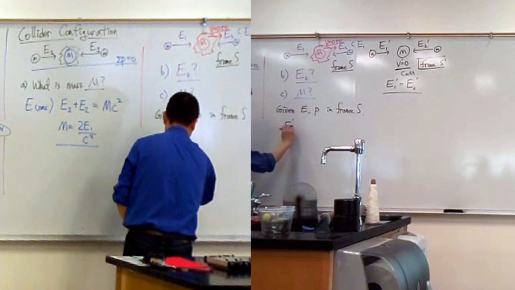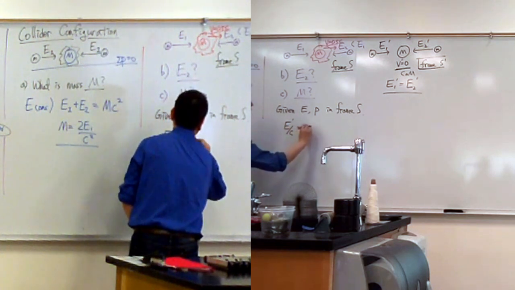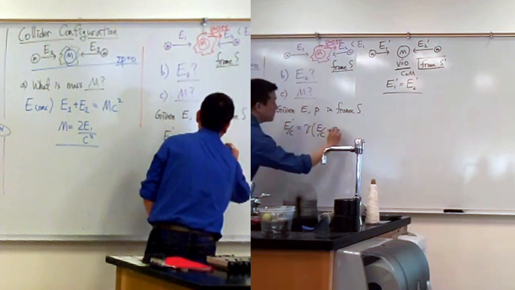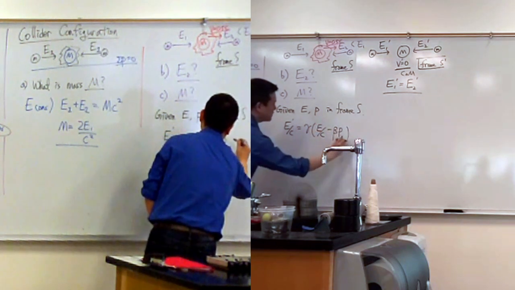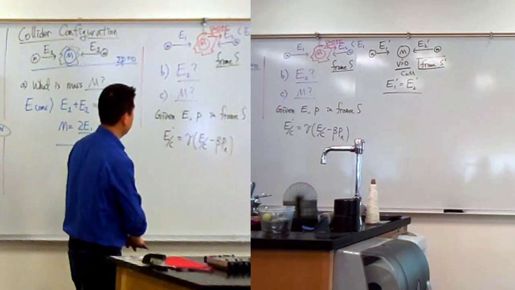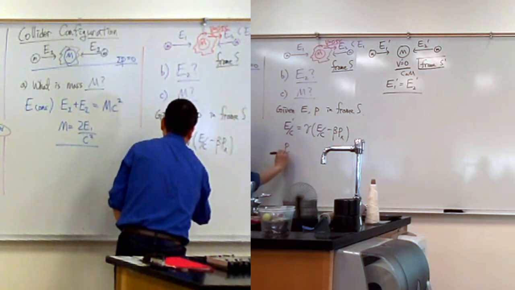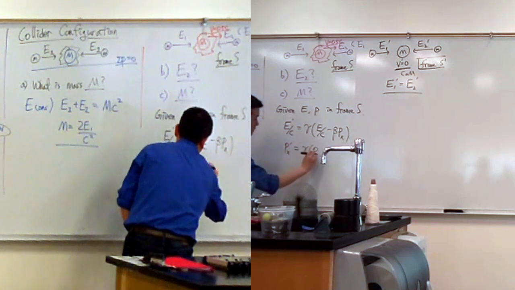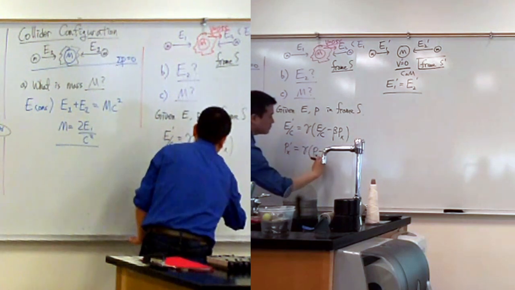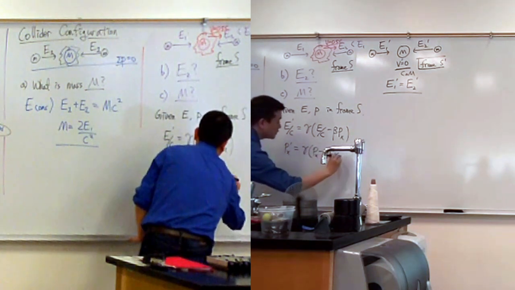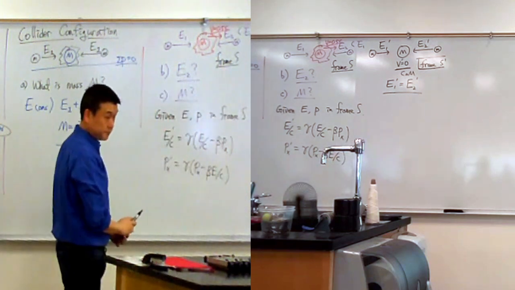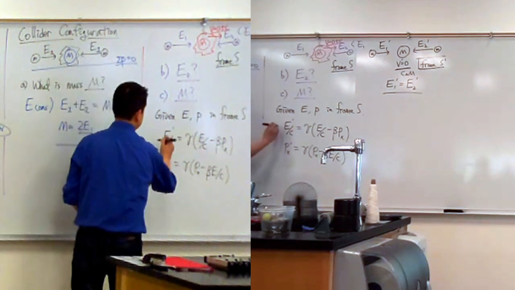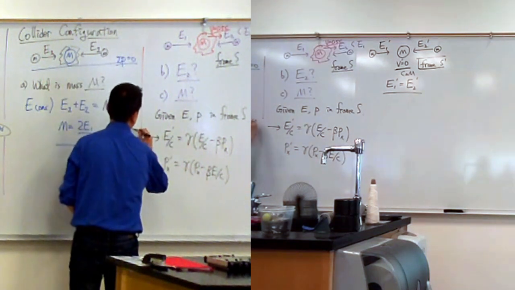E prime divided by c is equal to gamma times (E divided by c minus beta Px), Px technically. And Px prime is gamma times (Px minus beta E over c). If you remember the Lorentz transformation, this is taking the role of the time coordinate.